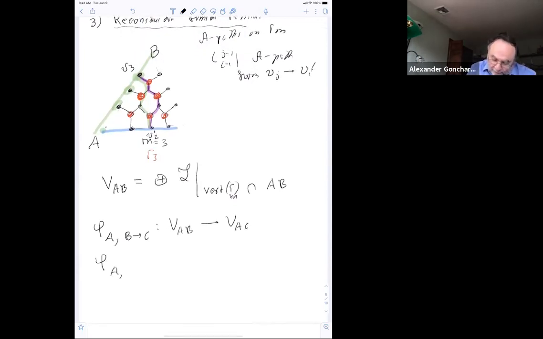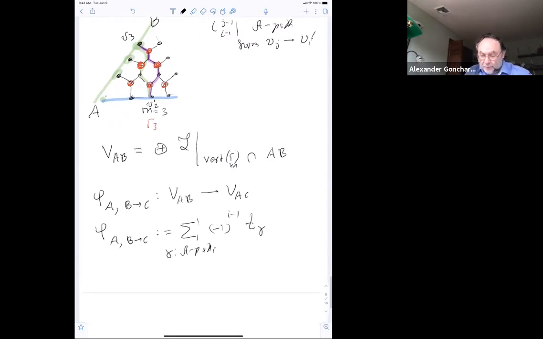This map, AB goes to C, is by definition just the sum over all parallel transports over these paths, corrected with a certain sign. That's it. And so I claim that first of all, this is an isomorphism. And secondly, that if you have your triangle, then you now have 6 isomorphisms, this one, and this one, and you can go backwards. And I claim that the composition of the 3 of them is the identity, and the pairs of them are mutually inverse to each other.